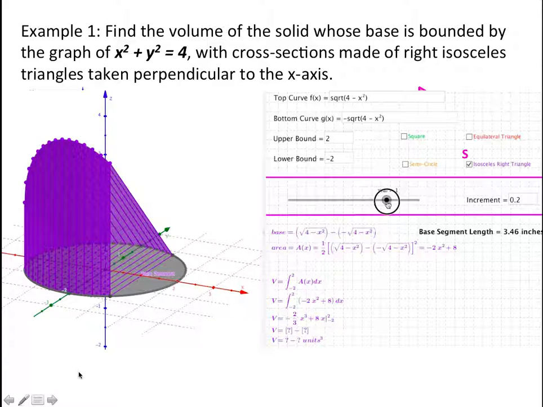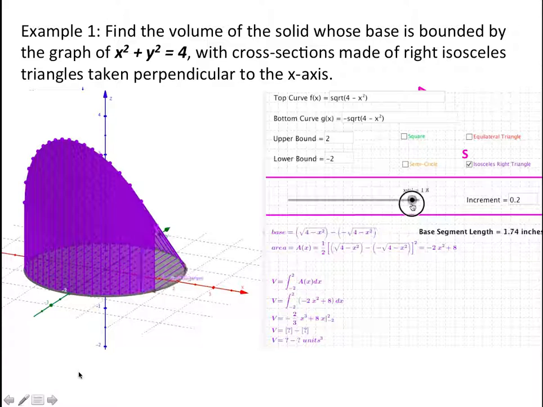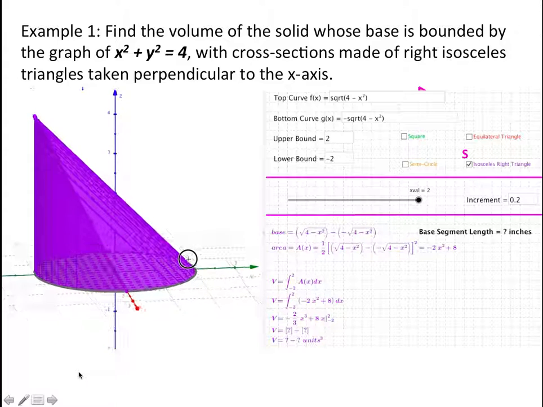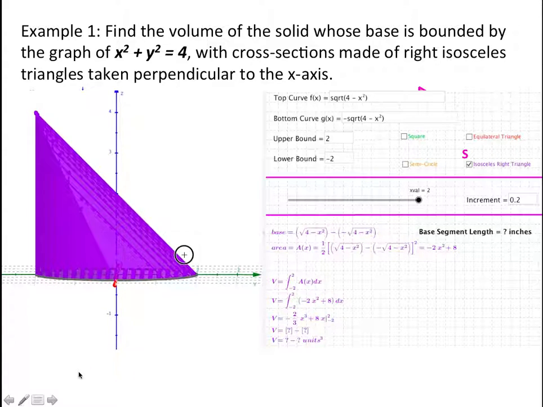So I'll go ahead and complete the solid here as we come back to the right edge of the circle. So now if we look at this solid and rotate this around, we'll see, as we rotate this to the side, those right triangles. We can see that the back is vertical, but it's curved because it's following the curvature of the circle.